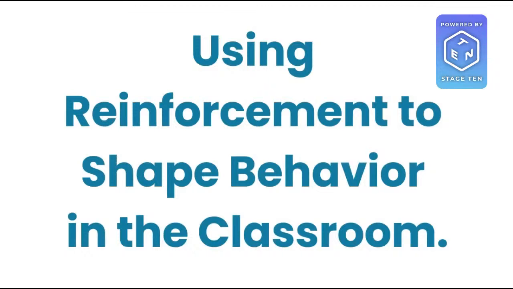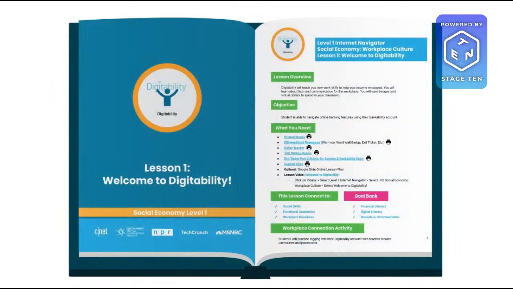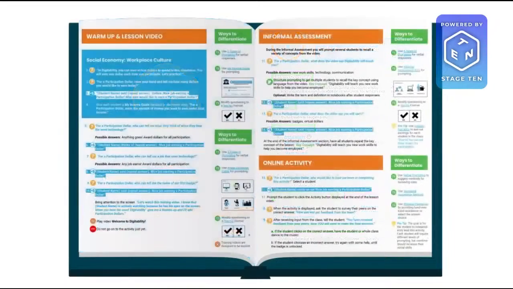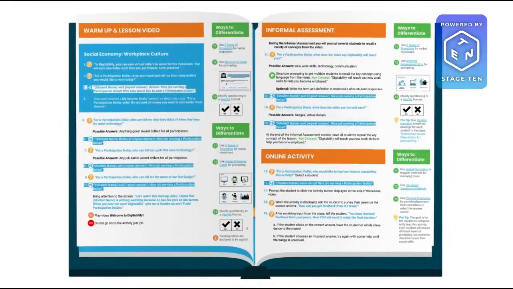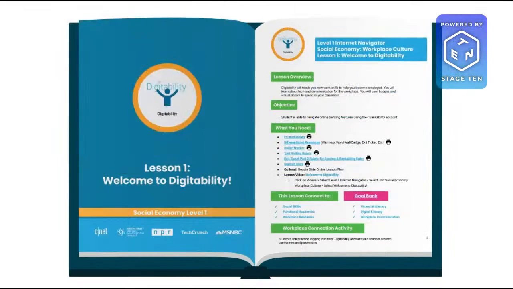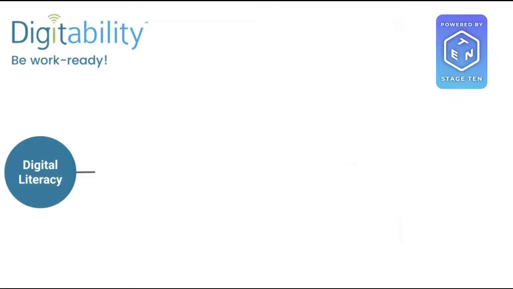Let's take a look. In this webinar, we're going to showcase how reinforcement is used through the Digitability lesson plan format. To begin, I'll go over some program basics. Digitability started as the first digital literacy curriculum for students with autism, Down syndrome, intellectual disabilities, and other needs.